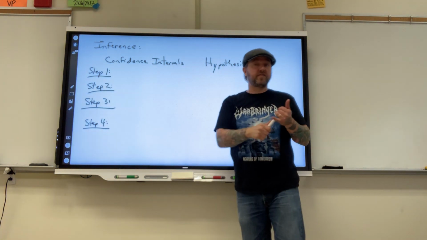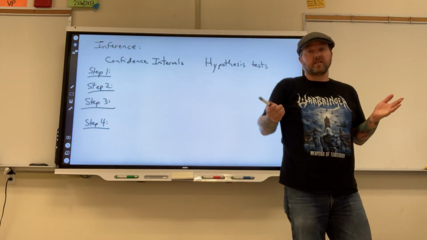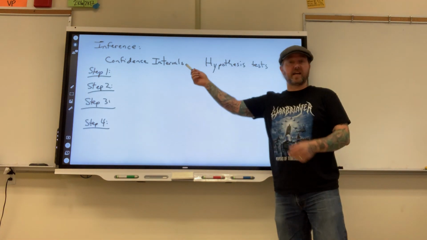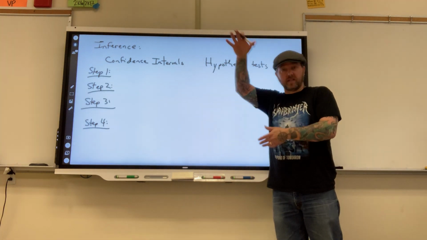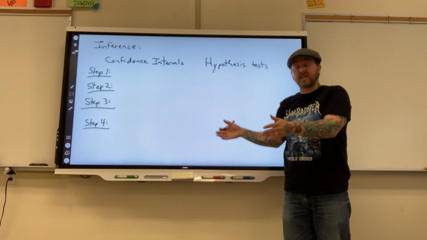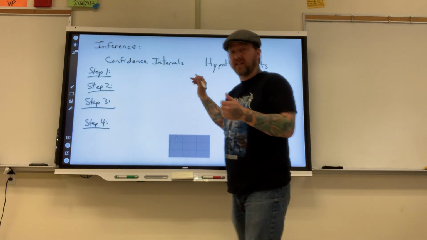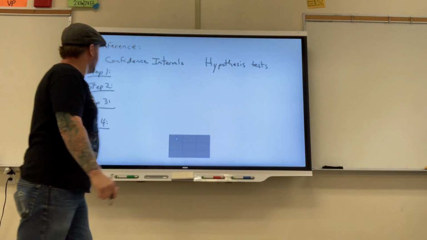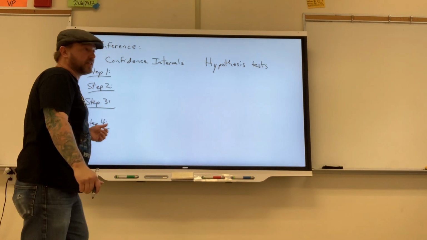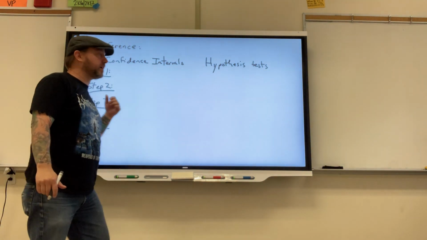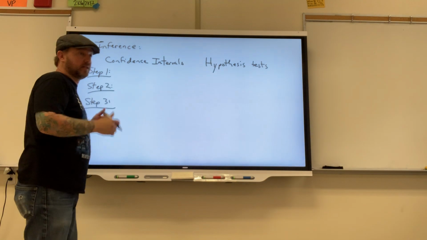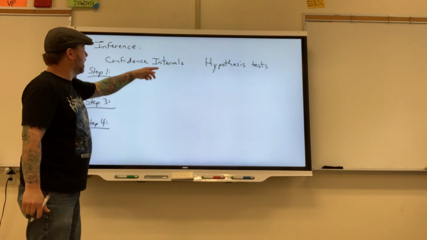Well, if it's a z-test, as long as n is 30, we're good. If it's a t-test, the shape should be there. If it's not, n has to be a little bit bigger, probably 40. If it's a proportion test, np and nq both have to be greater than or equal to 10, okay?